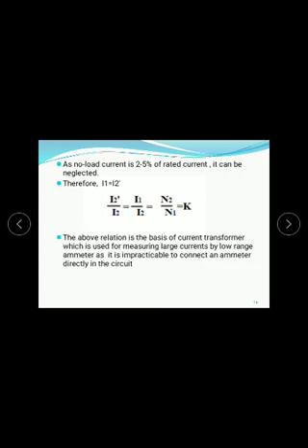So the above relation is the basis of the current transformer, which is used for measuring large currents by a low range ammeter, as it is impracticable to connect an ammeter directly in the circuit.